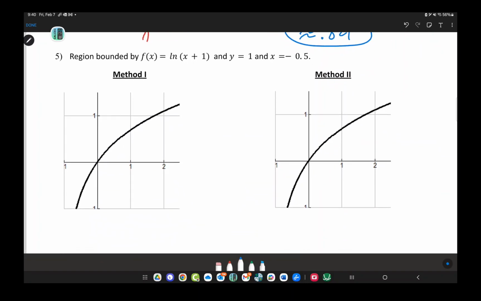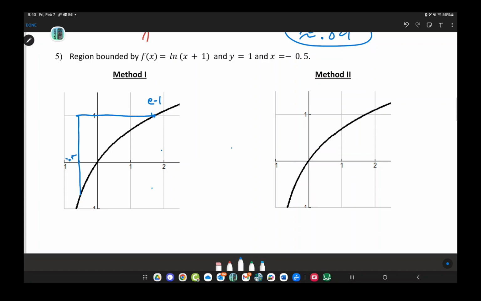All right. So now we have these functions, bounded by x equals negative 0.5 here, and y equals 1. We still know that this coordinate is e minus 1, and this coordinate here is negative 0.5.